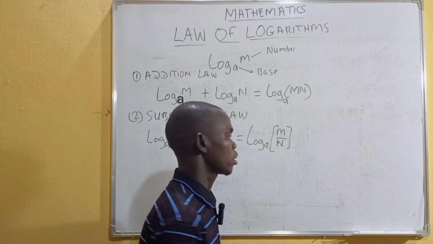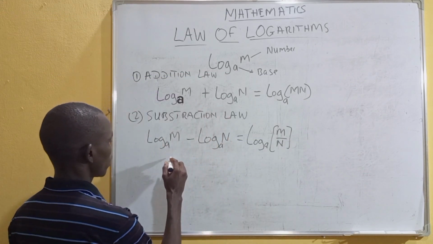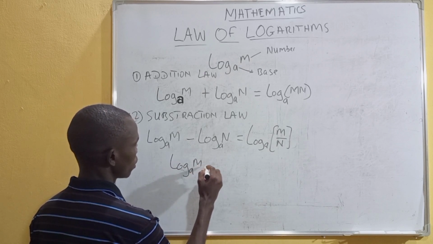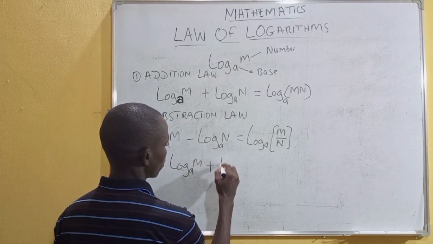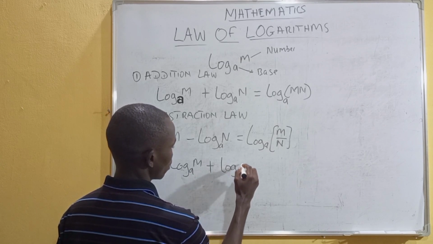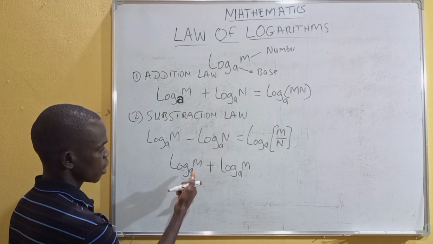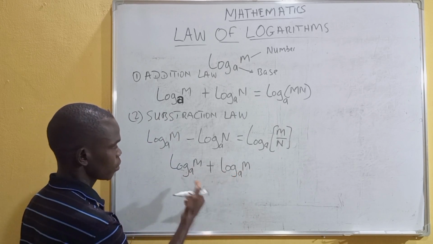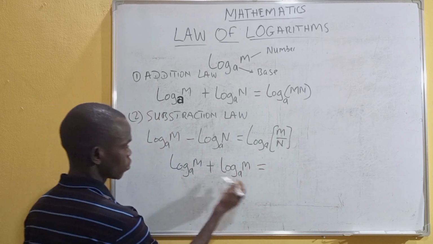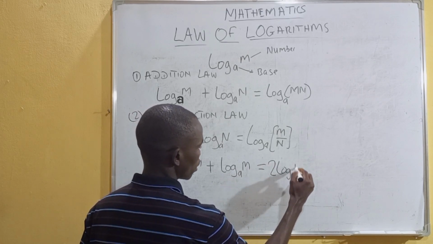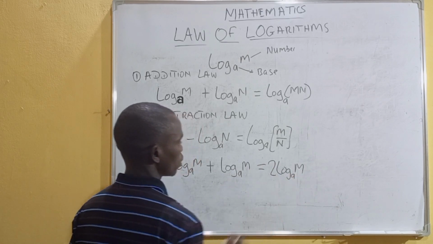For example, let's say we have log n with a base a plus log n with a base a. Since both have the same number and the same base, we can just add the two together, and it will be 2 log n to the base a.